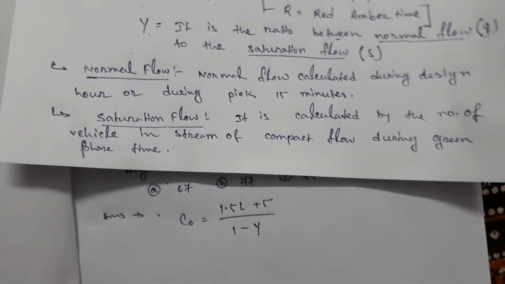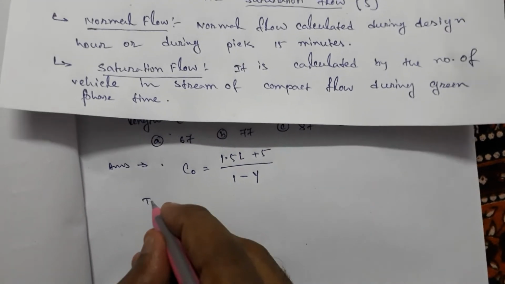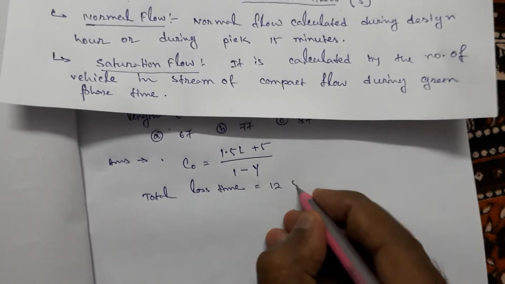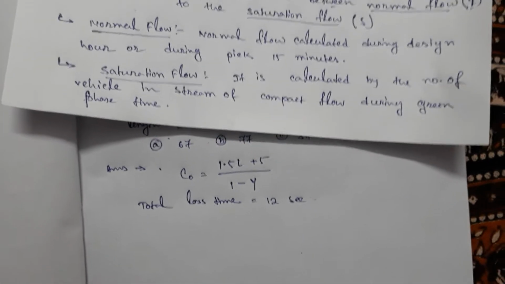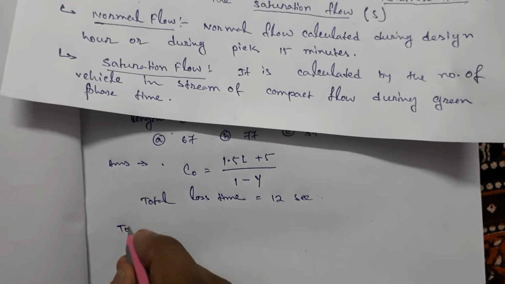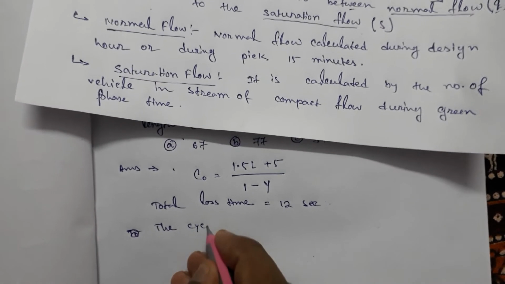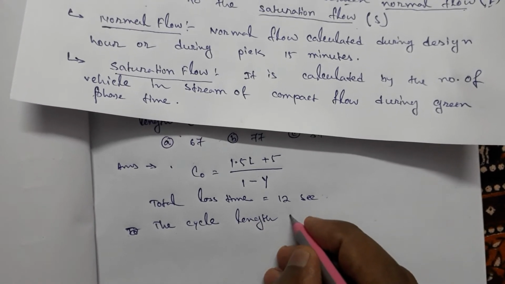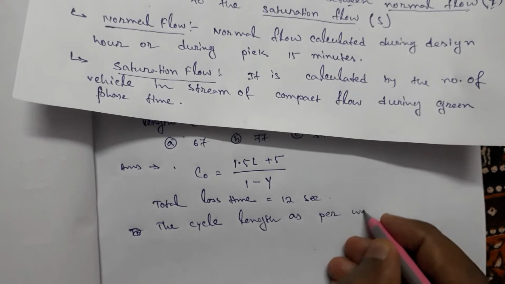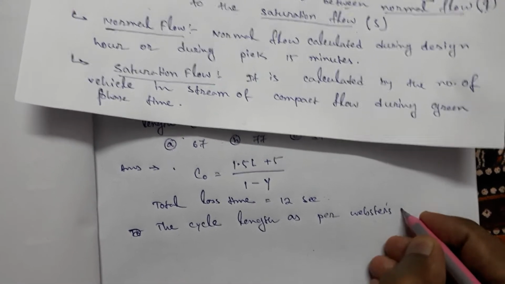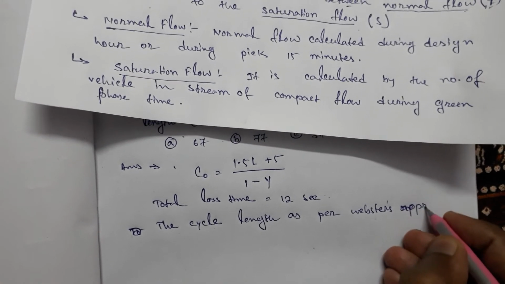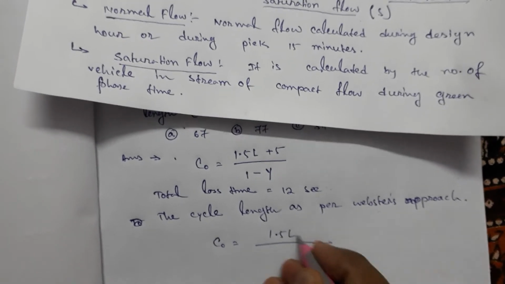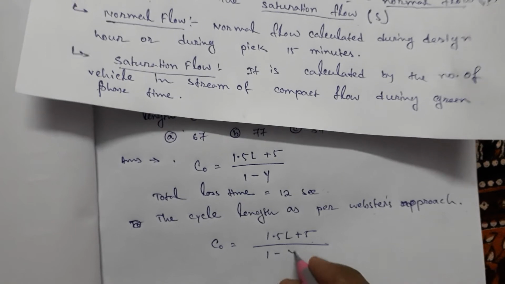Now the given data is total lost time 12 seconds, and the cycle length as per Webster's approach, C0 equals 1.5 L plus 5 divided by 1 minus y.